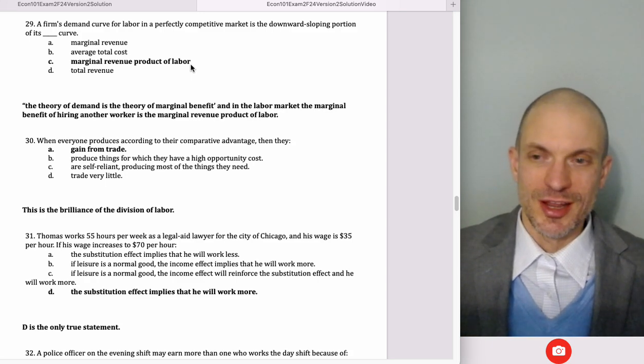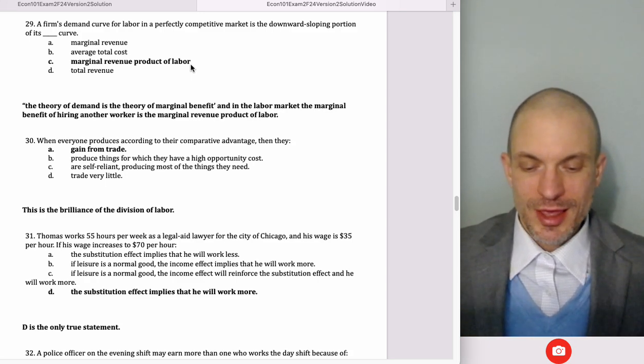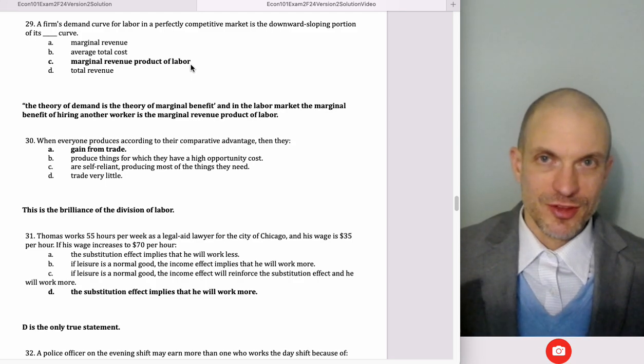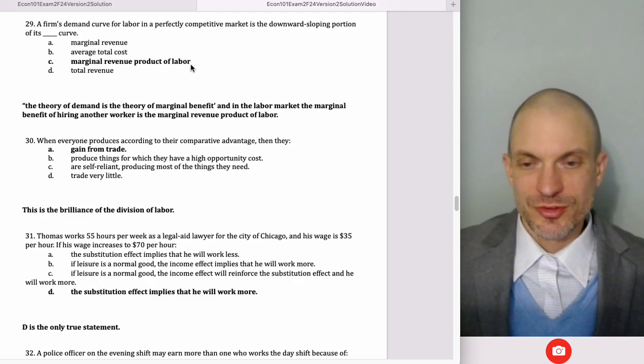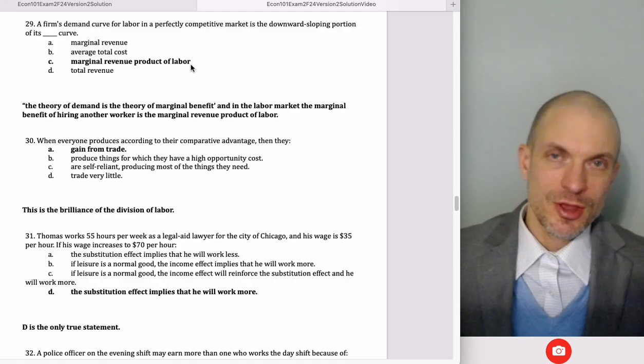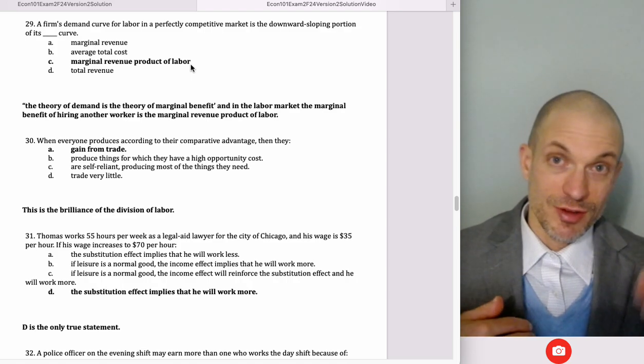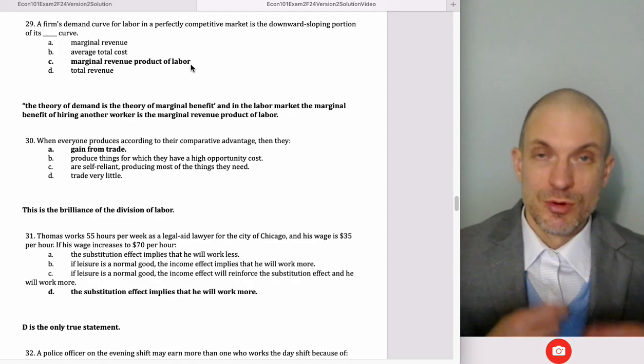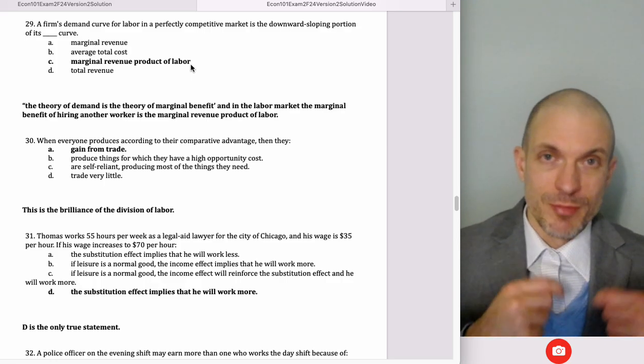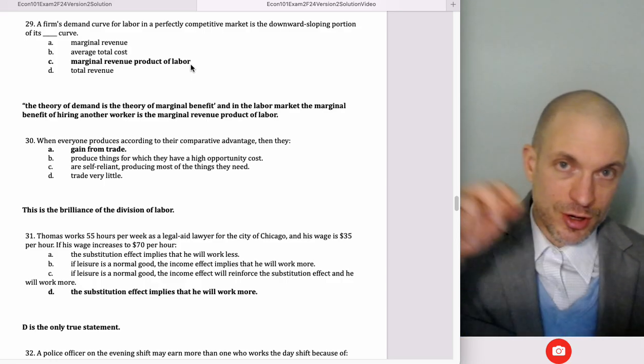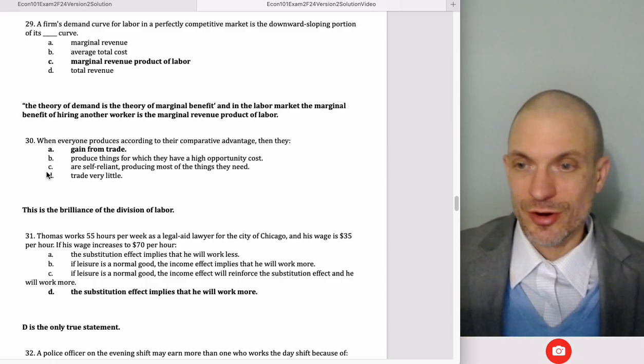So what we're interested in is, if I hire one more worker, how much additional stuff are they making for us? And then what's the market value of that stuff? So how much additional stuff they are making for us is the marginal product. We multiply that by the market price of that stuff in its own market, which gives us the marginal revenue product, which is the marginal benefit of hiring that additional worker, which gives us our labor demand curve.